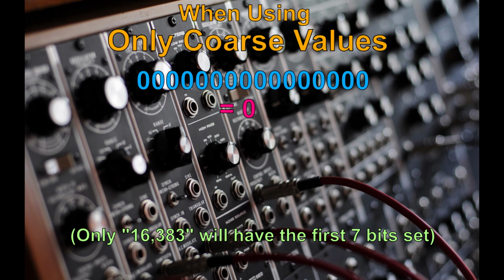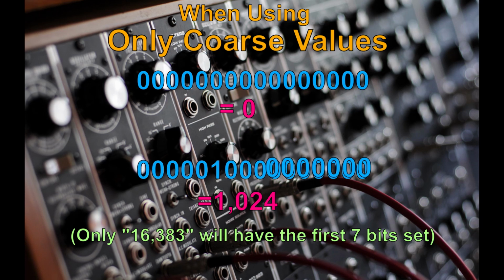But the first value past 0 will be 128. After that, 256. Then 384. We're incrementing up each time by 128 since we don't have any bits to set in the first 7 bits of our 14-bit variable.